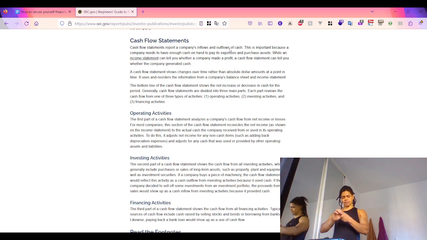So you have banks, line of credit, they issue debt. For example, a company can issue debt or commercial paper, so they can raise funds for that.